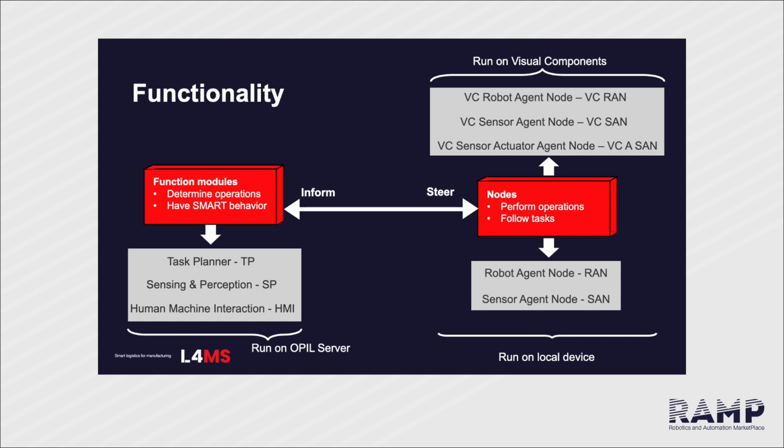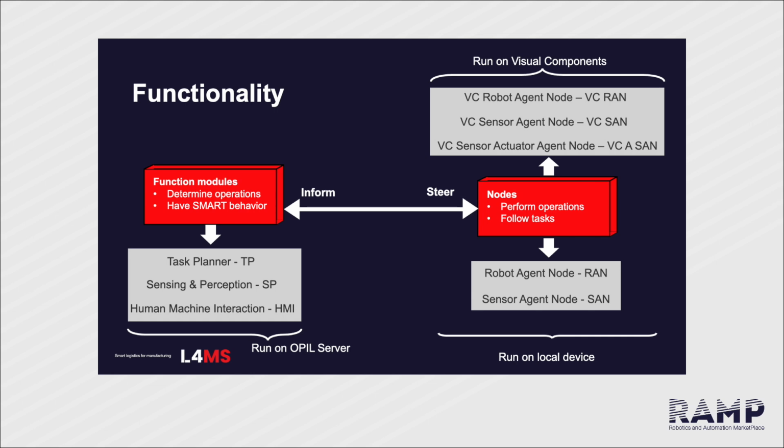Here are the modules that are responsible for the reading and communication of the sensor signals, like the Sensor Agent node, SAN, and the node responsible for the AGVs and the robots to perform operations and follow planned tasks, the Robot Agent node, or RAN, nodes that are running on a local device.